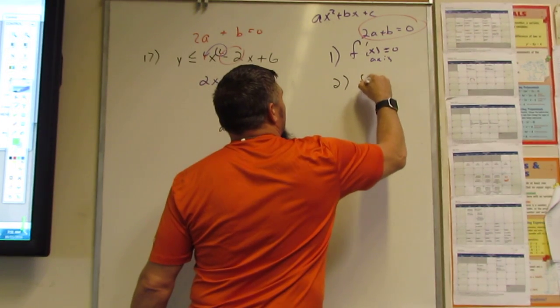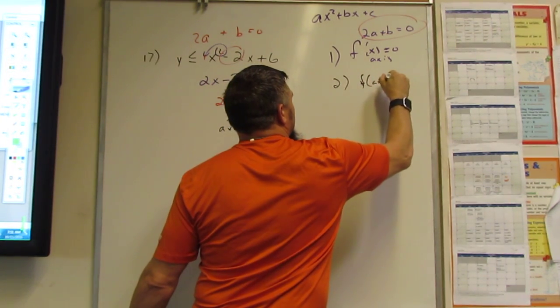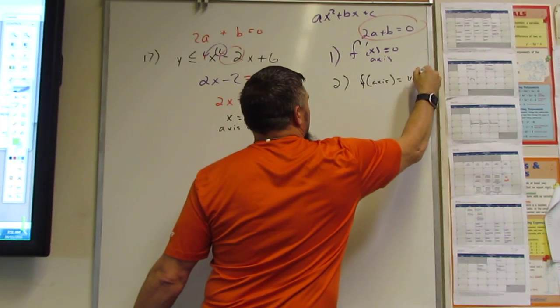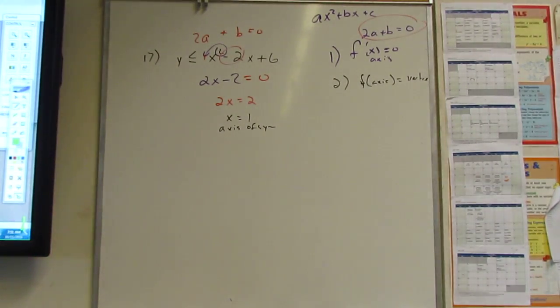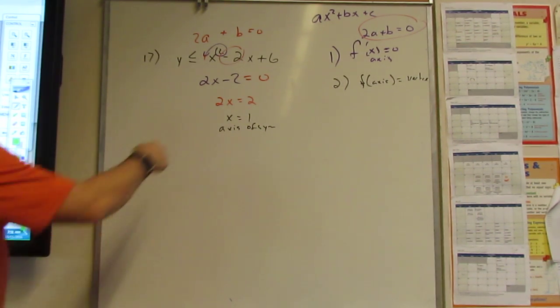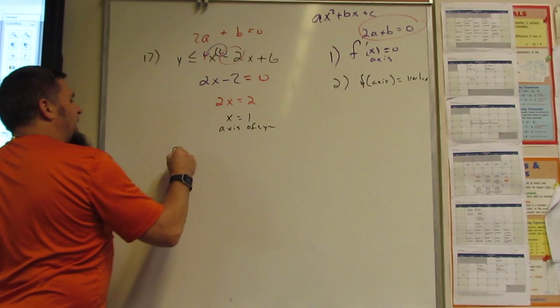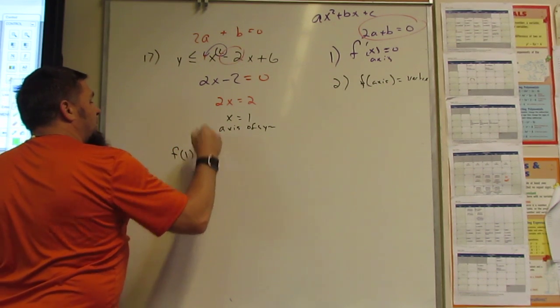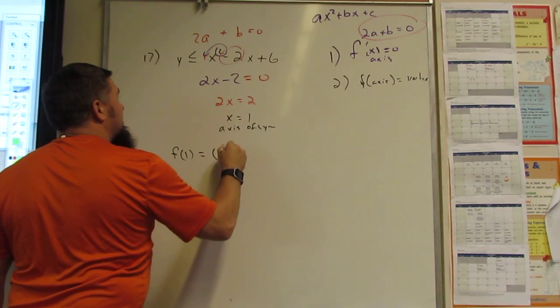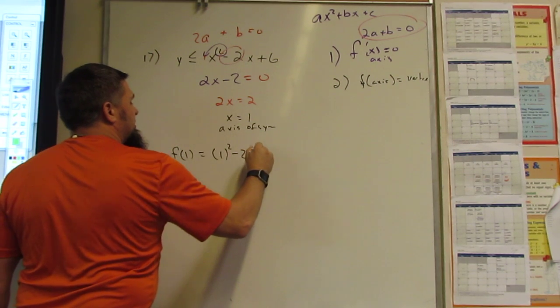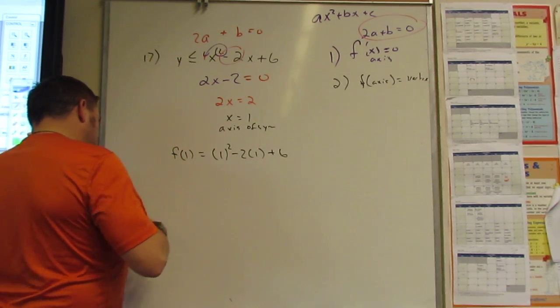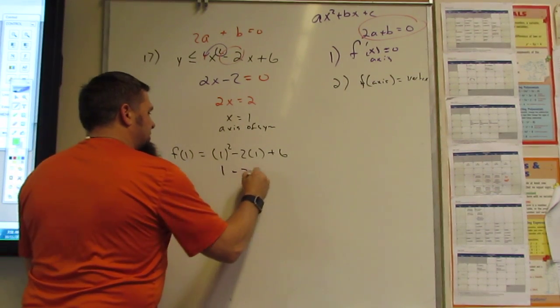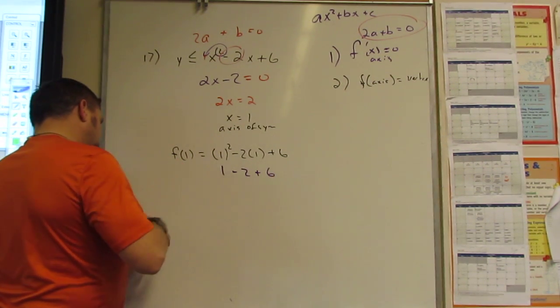Now if I want to know the vertex, that's step 2. Step 2 is f of the axis is equal to the vertex. And technically it's equal to the y part of the vertex. But if I plug this in, f of 1 is equal to 1 squared minus 2 times 1 plus 6. 1 squared is 1 minus 2 plus 6.